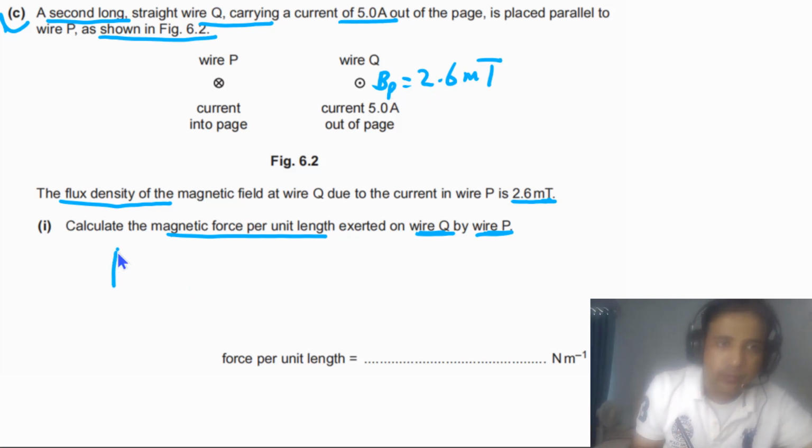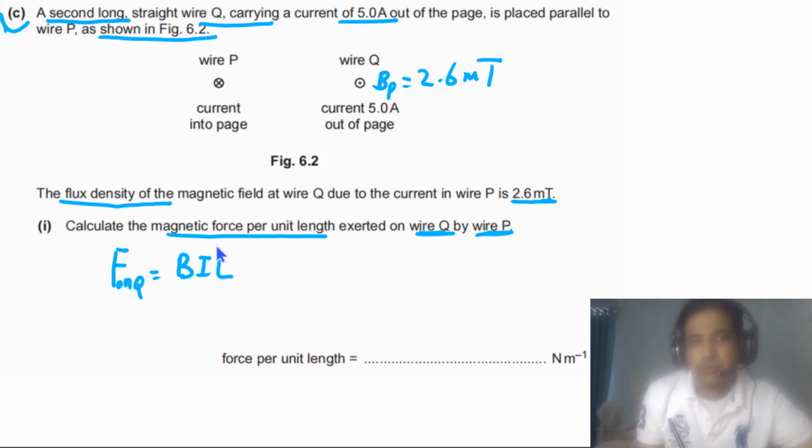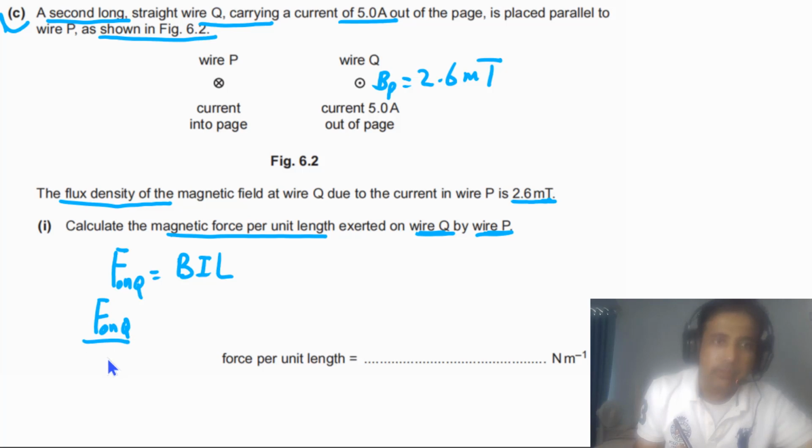We need to calculate force. So magnetic force means the force on Q, and this will be equal to BIL. For this question, we need to calculate magnetic force per unit length. So simply we can write here F on Q by P divided by L, which is equal to BI.